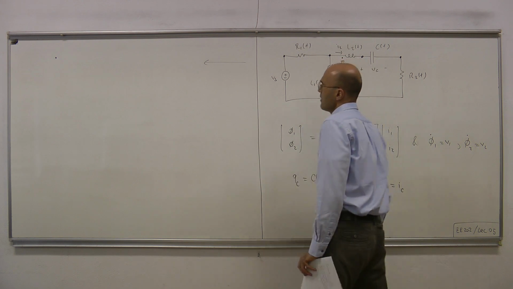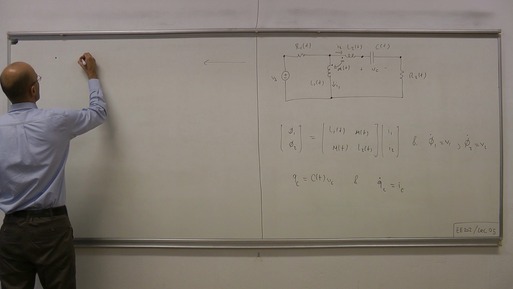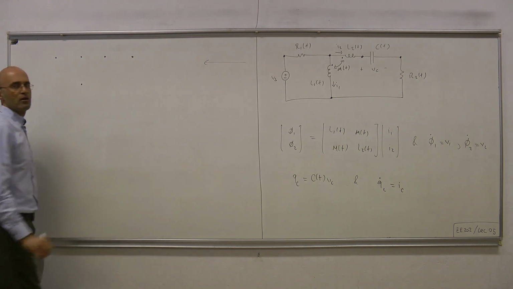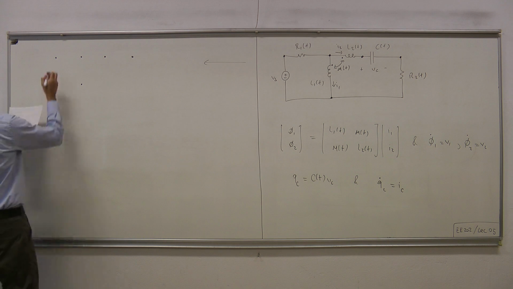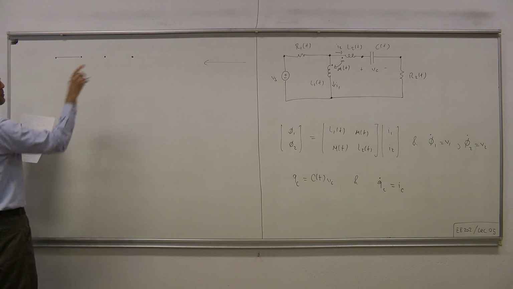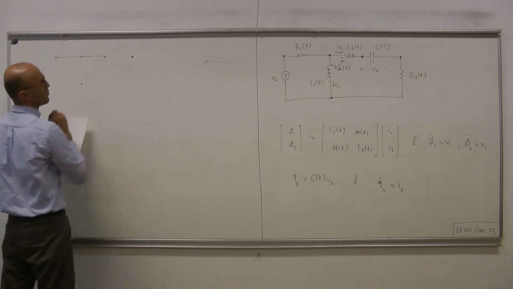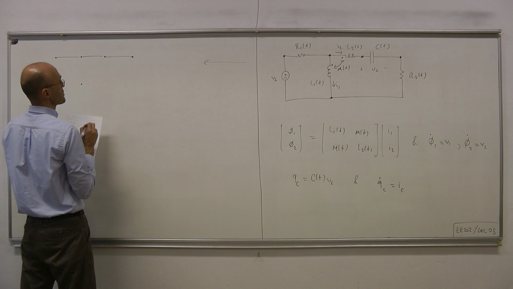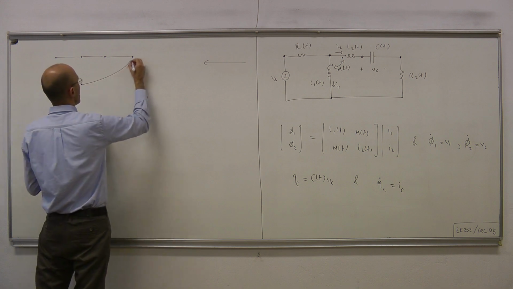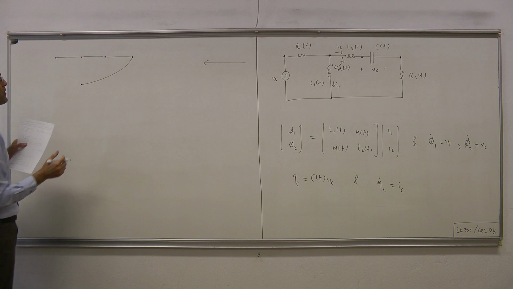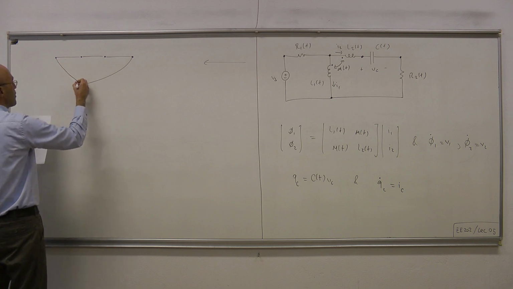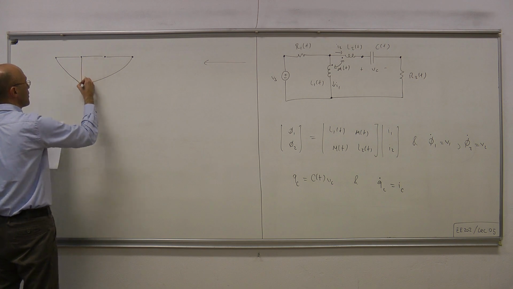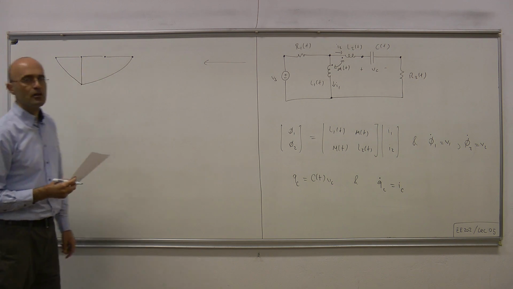And finally, this is our 5th node. Okay, so this edge represents R1, this branch represents L2, this branch represents the capacitor, and then we have this branch representing R2, this branch representing Vs, and also we have this branch representing the first coil.